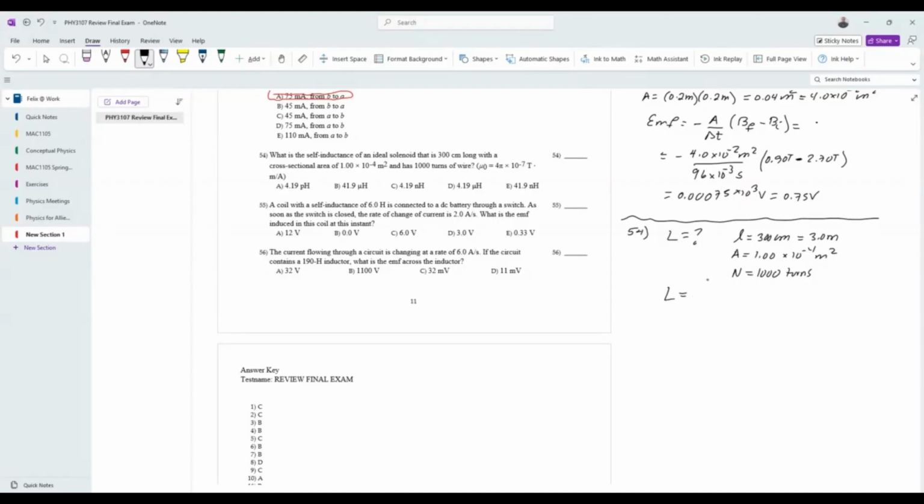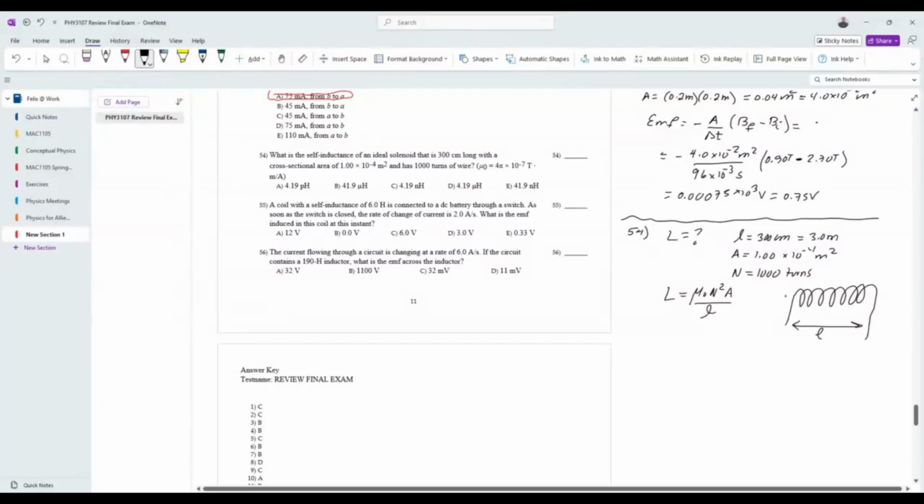The inductance is equal to mu sub 0, a constant, times the square of the number of turns times the area over the length. That is the equation to calculate the inductance of an inductor. So this is the length, and the area, of course, will be the area of the turns.